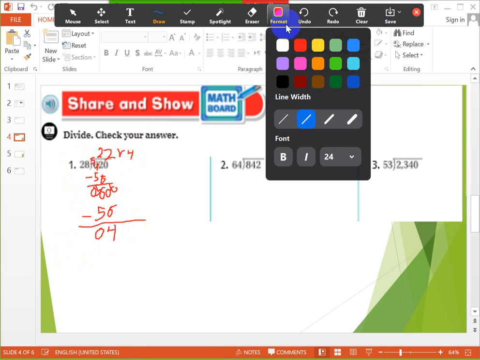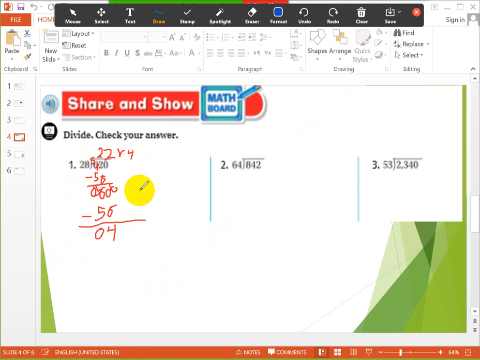Okay. Now if I want to check if my answer is correct or not, the quotient right here is 22 and R4. So I will do the check step right here. You know that if I multiply the quotient with the divisor and add the remainder, the answer must be the same as the dividend.